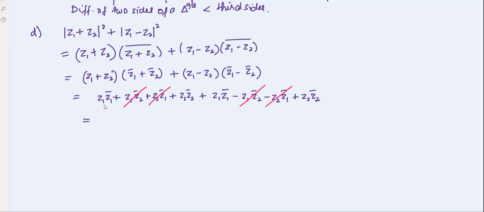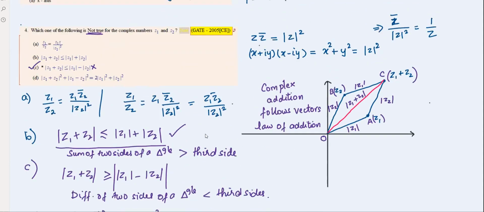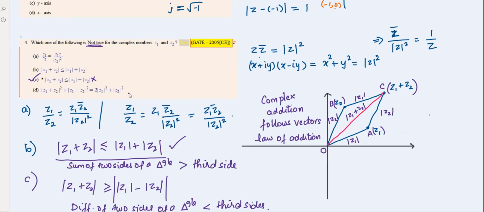And now this is mod Z1 square. This is mod Z2 square. This is mod Z1 square plus mod Z2 square. So you get twice of modulus of Z1 square plus modulus of Z2 square. So this is also correct. This is a correct statement.